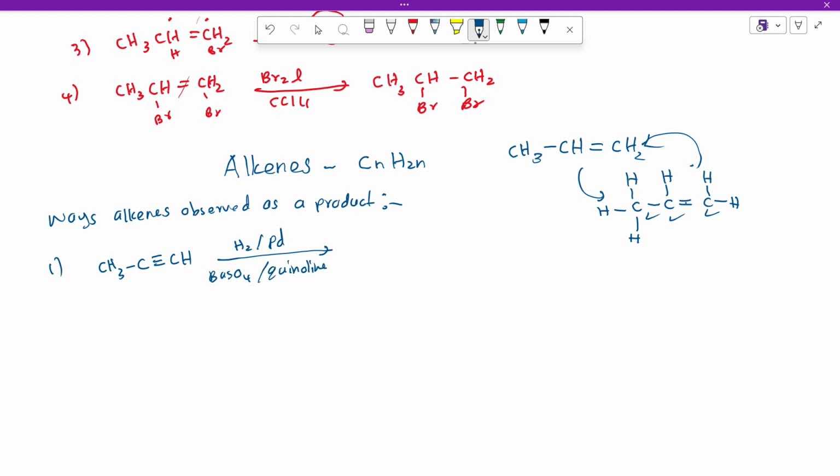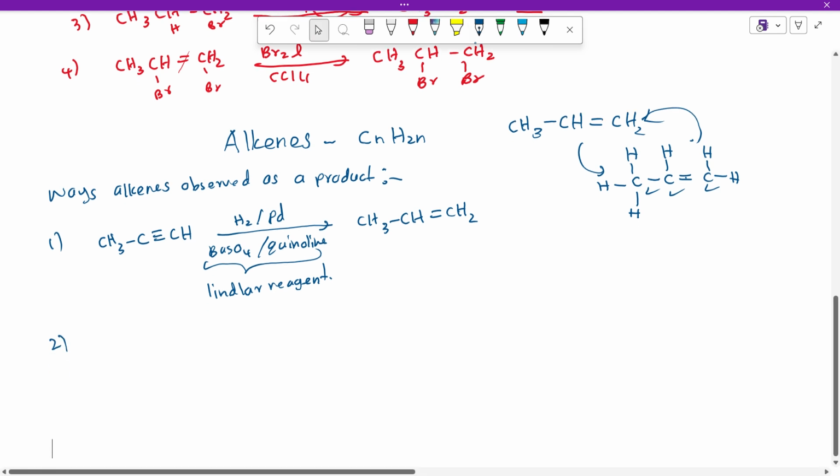These two words are specific only for alkenes. And also this whole thing is called the Lindlar reagent. Thereby you get finally an alkene, that is CH3 CH2. Afterwards, concept number 2.